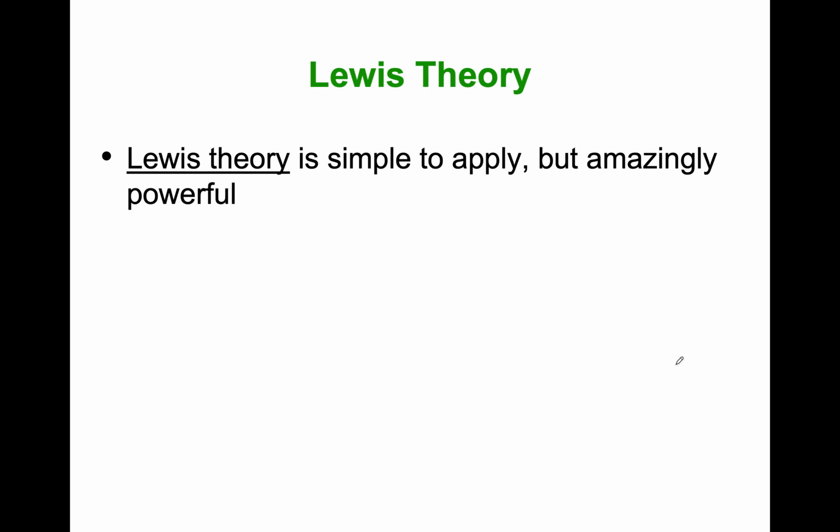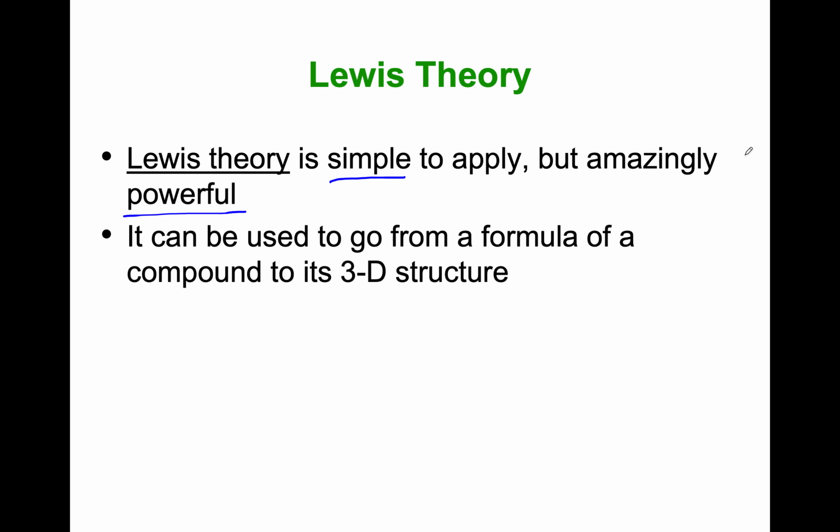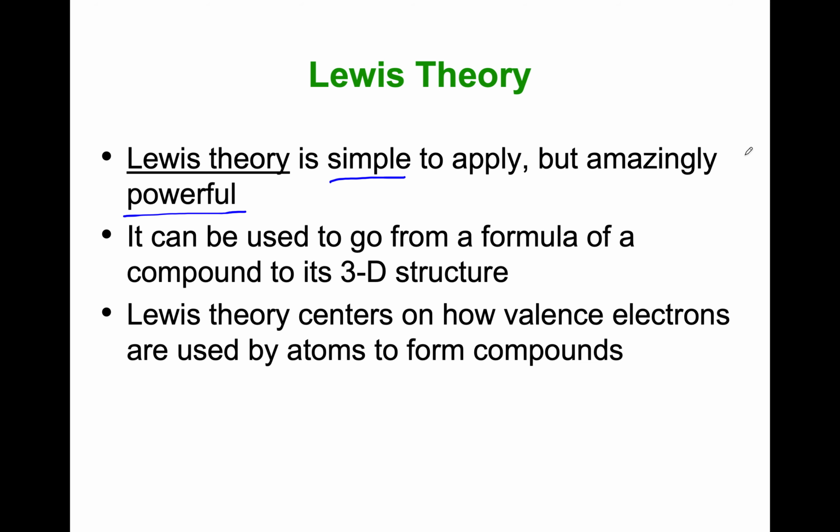All right, so Lewis theory. As I mentioned, it's an introductory theory. It's a simple theory, but it can apply to so many different examples. It's a great theory, so that's why we continue to go over and use it. And it does a great job of predicting the shape, the 3D structure as well. So what we're going to see, as I already mentioned, Lewis was obsessed with electrons. So this is all about electrons.